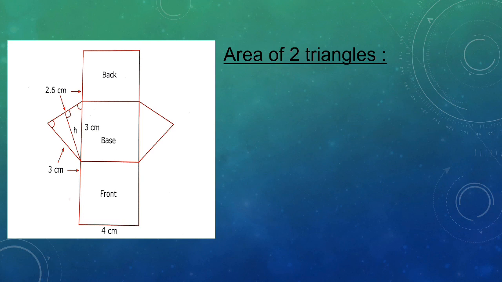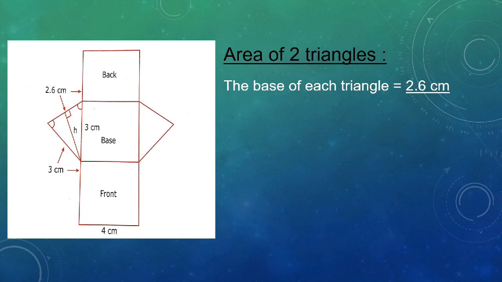So we have 3 centimeters and the other side is 2.6 centimeters. So the base of our triangle is 2.6 centimeters. After that, we will solve the height, since the area of a triangle is equal to 1/2 times base times height.